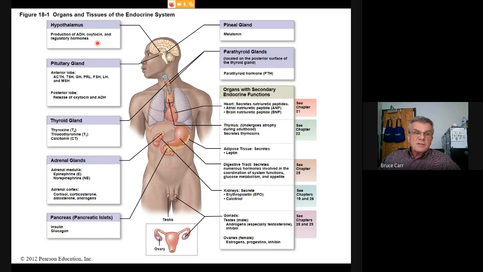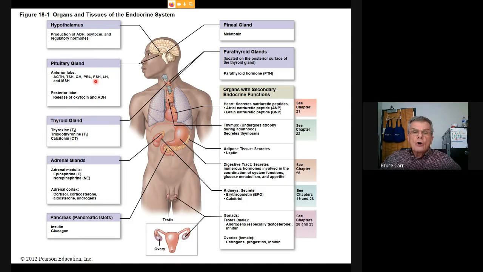The pituitary, as I said, is the master gland of the endocrine system, and it's divided by a different appearing tissue into an anterior and a posterior lobe. The posterior lobe is reserved for those hormones that are produced by the hypothalamus and stored in the posterior lobe. So they are, when called for, directly released from the posterior lobe.